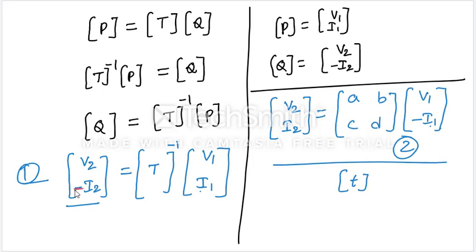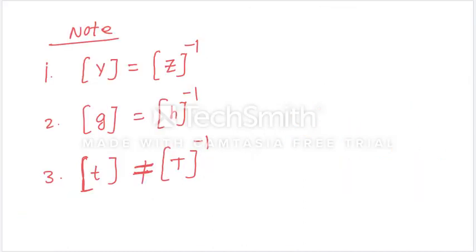Because of the negative sign here, there is no negative sign there. Because of this negative sign, this property is not satisfied. Remember, small t is not equal to T inverse. Very important point. Try to remember.